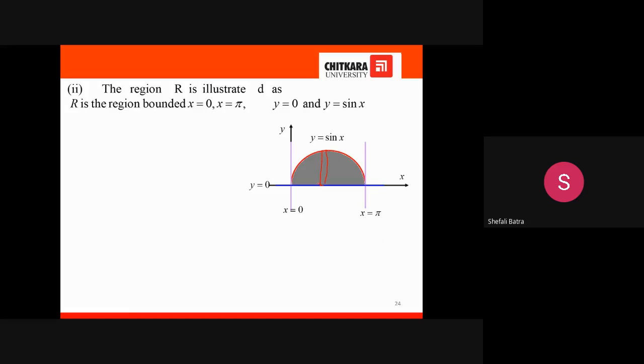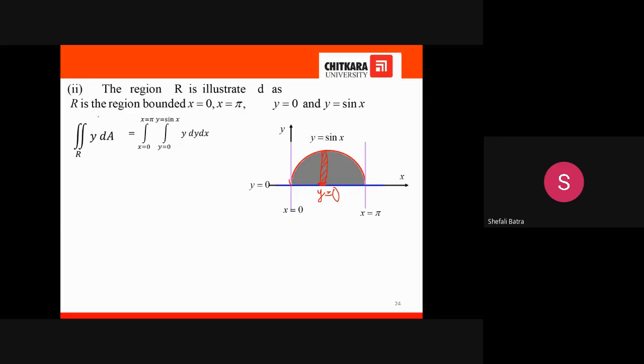This strip starts from the x-axis, and on the x-axis y is equal to 0 always. So the limit would start from 0 and go up to sine x. Then you slide the strip from this to this, so in sliding you need the limit of x. At this point x is 0, and at this point x is equal to pi.